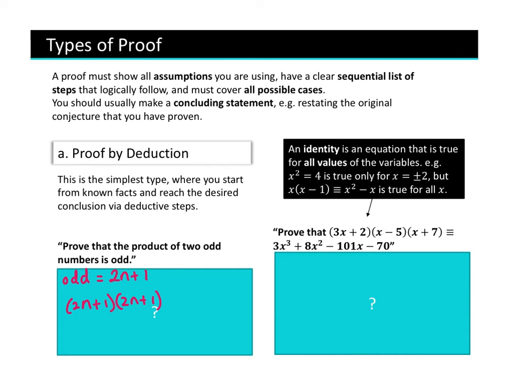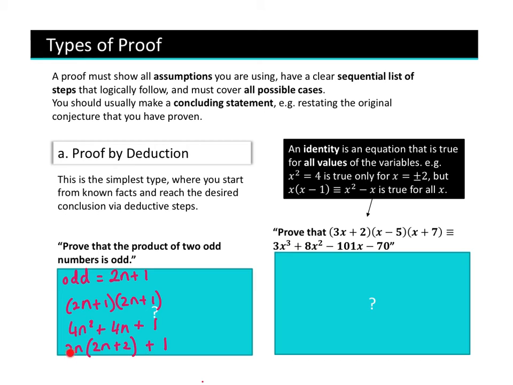Now, ultimately, our number needs to be one more than a multiple of 2. That's what this is. So when we expand this, I'm going to get 4n squared plus 4n plus 1. Now, I need to make sure I put it into the form 2n plus 1. So I'm going to have 2n lots of 2n plus 2, plus 1.